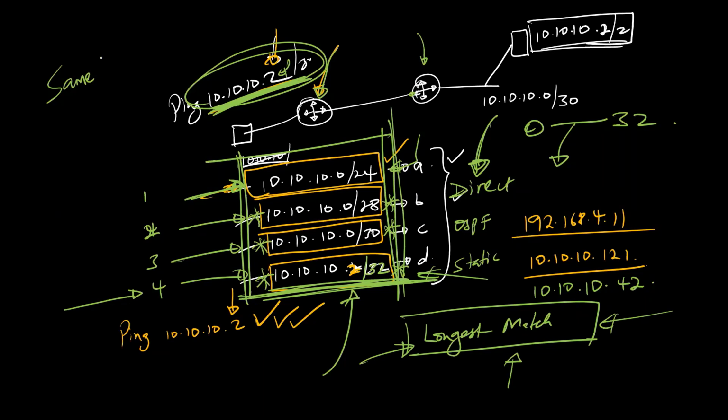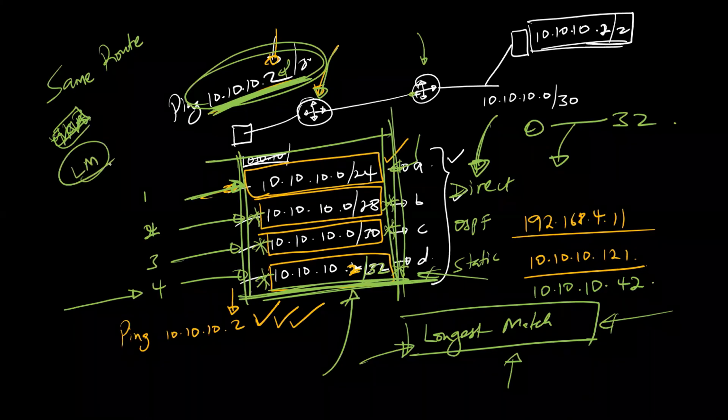Now, by saying same route, what we actually mean is equal cost routes. Actually, not equal cost routes; equal cost routes lead us to load balancing. It is the same longest match, excuse me for that.